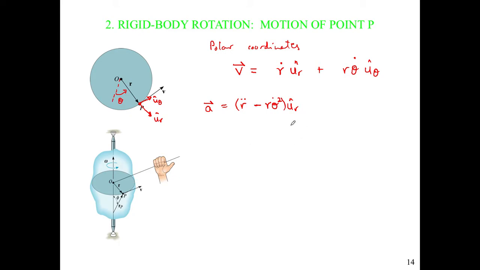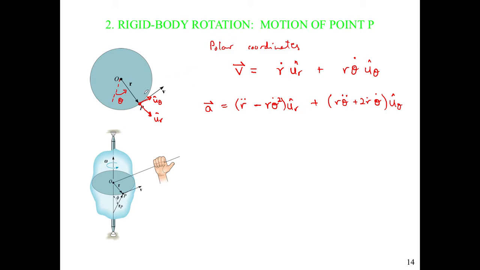Very good, good memory. So r double dot minus r theta dot squared in the U r direction, and in the U theta direction it used to be r theta double dot plus 2 r dot theta dot. Differentiating this part, right. This is the velocity and acceleration of a particle which we've looked at before in polar coordinates.